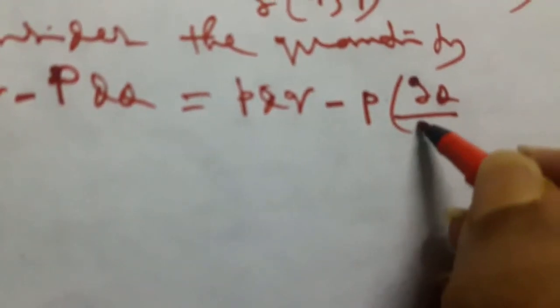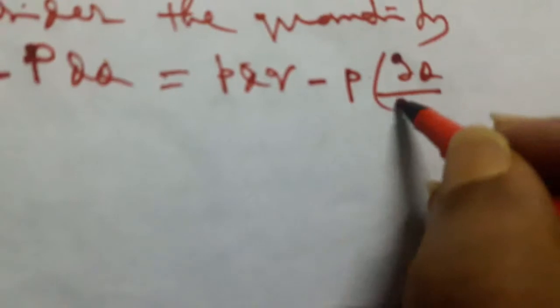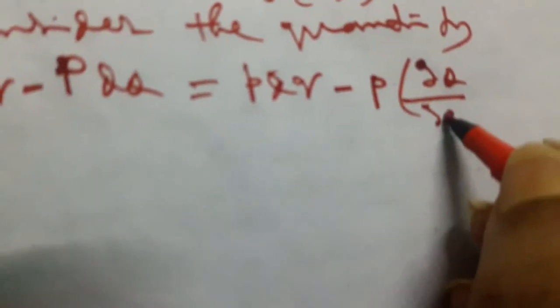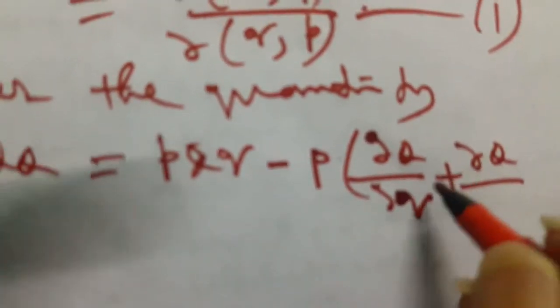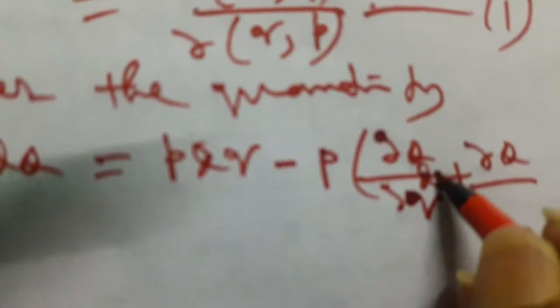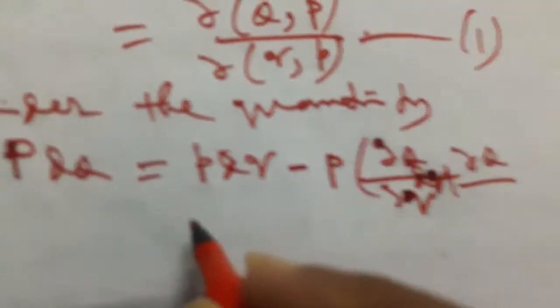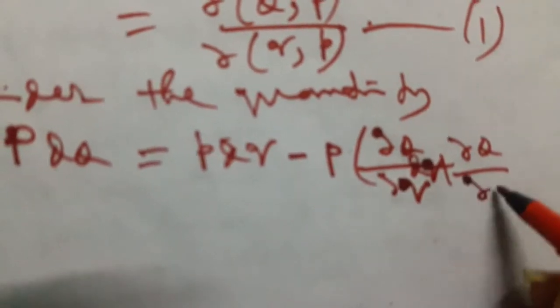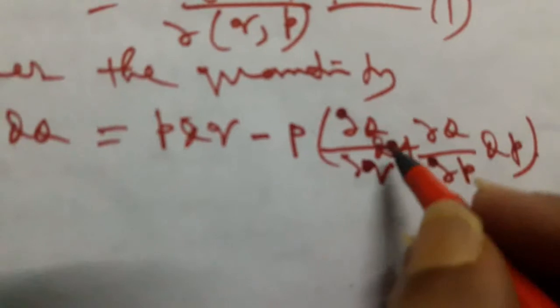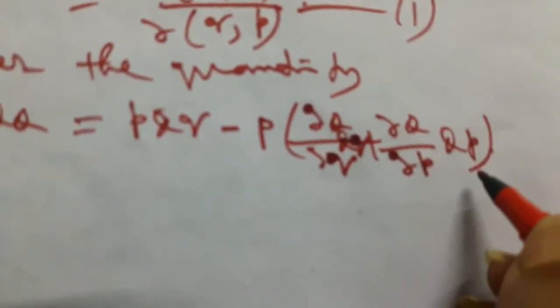So by the property of the differential, the total derivative dQ, with several variables, will be del Q del q into dq plus del Q del p into dp.